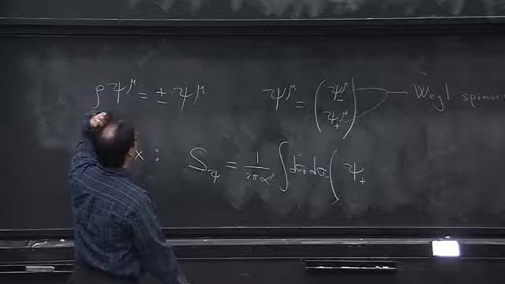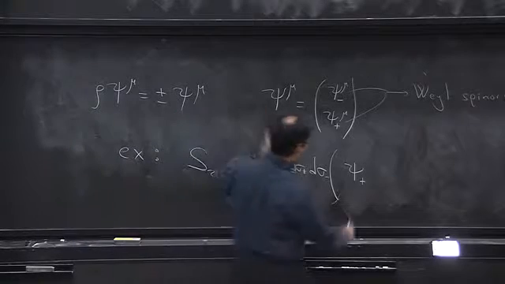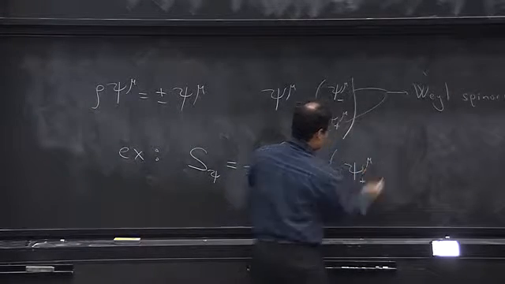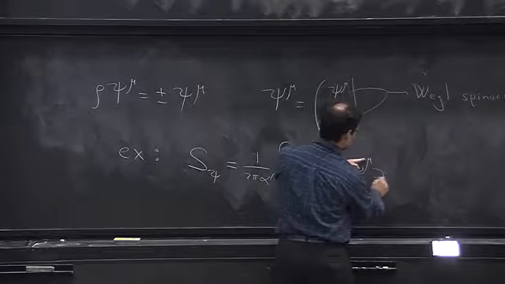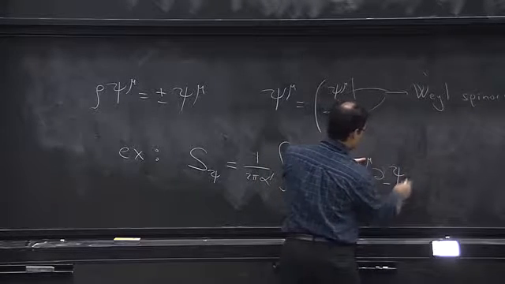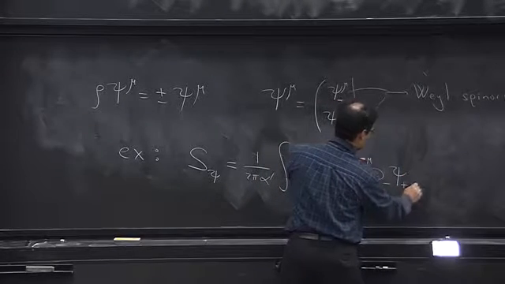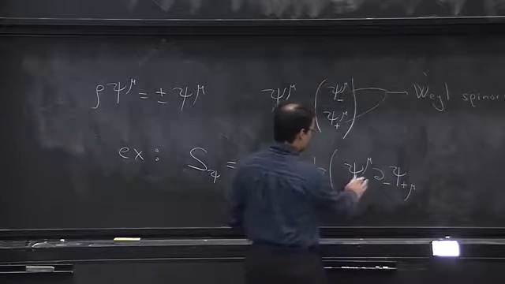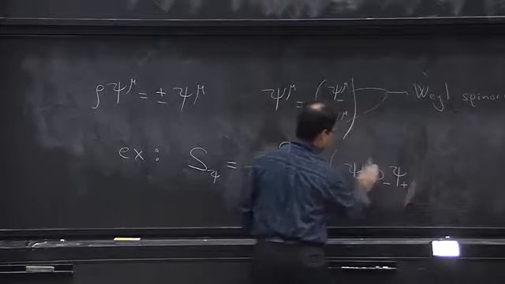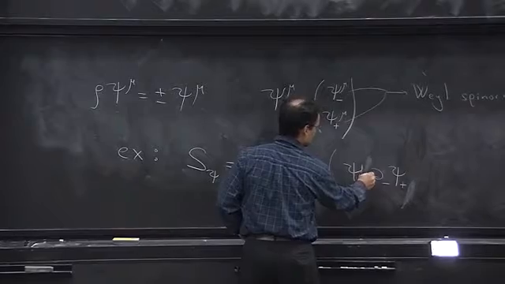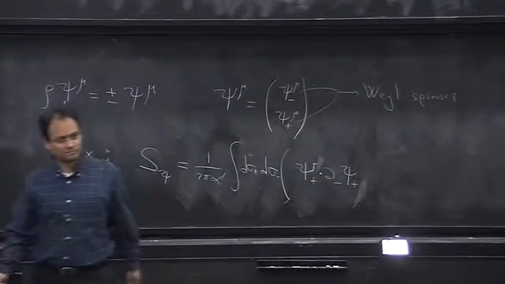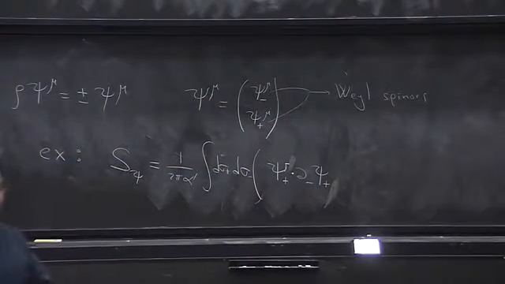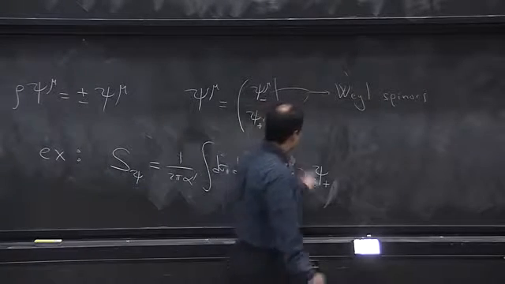Now it depends on how lazy I am. Well, I can put the mu index explicitly and just contract it like that. Or remember, we also had this notation with a dot, just to save a little bit of notation, right? The dot means the contraction of the mu indices.